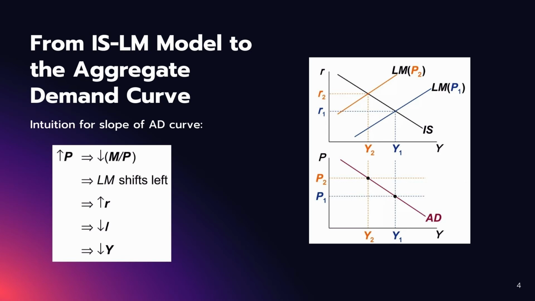If the price level is high, then real money balances are lower. This means saving and purchasing bonds will decrease. That will make the interest rate increase and income fall. In the AD curve, those interactions will be summarized as a movement to a higher point. However, an increase in money supply will shift the aggregate demand to the right, and vice versa. An increase in government spending will also shift the aggregate demand to the right.